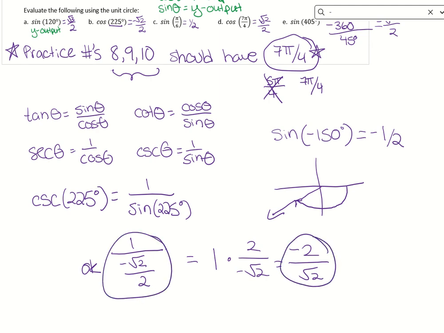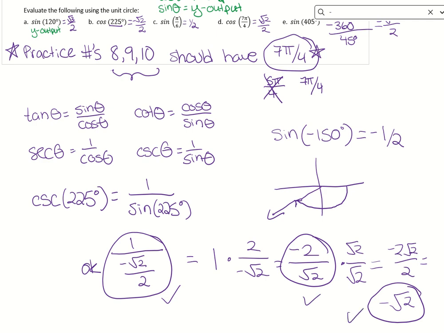You can even rationalize the denominator, multiply by root 2 over root 2, and you'll end up with negative 2 root 2 over 2, which is just negative root 2. So what I'm getting at is there's lots of different ways to say the same thing for some of these. I'm trying to put as many as possible on your key. So don't worry if you end up with this and you're like, I don't know how to go any further. It's okay to just stop with this.